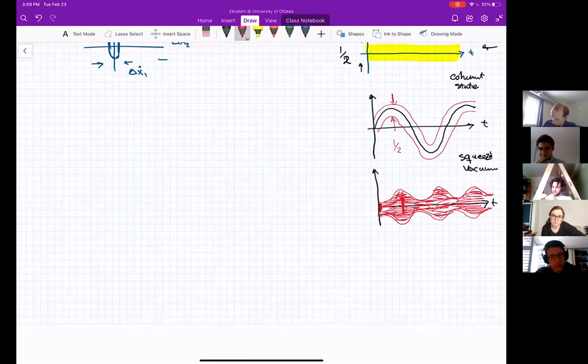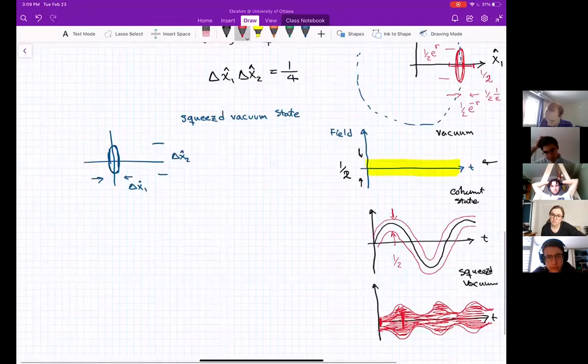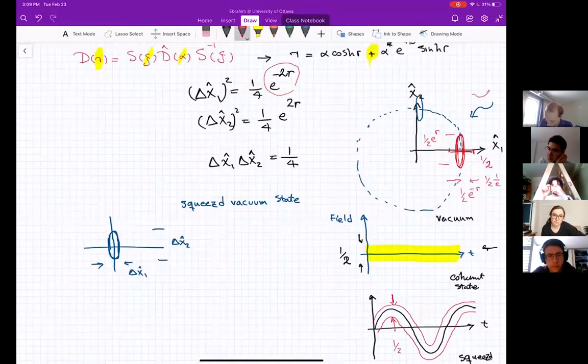At a certain given time, you will have a minimum uncertainty for one of the quadratures. So it can be for phase or it can be for amplitude. That's what we call squeezed amplitude or squeezed phase. All right. I will give you a hint. Draw these for the next lecture.